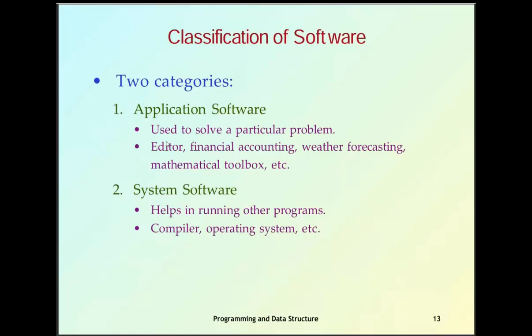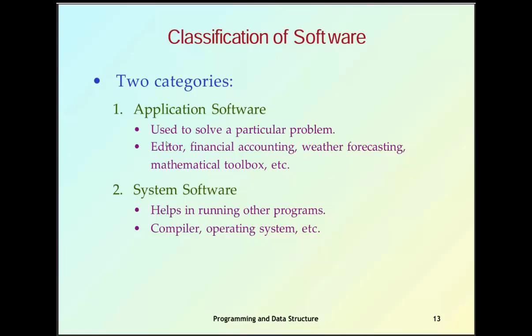Now let us move to the discussion of software. As I said, there are two categories of software. One is application software, another is system software. Application software is intended for a particular type of application. You can think of MS Word, which has a well-defined purpose: you want to write a document or create a report. To solve such problems, we design application software.